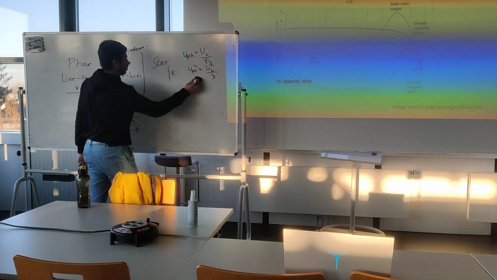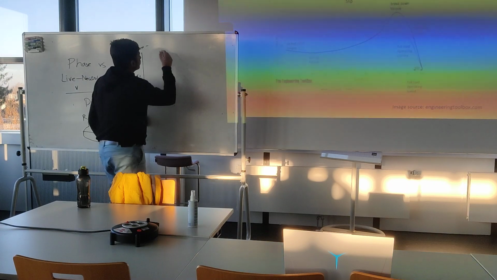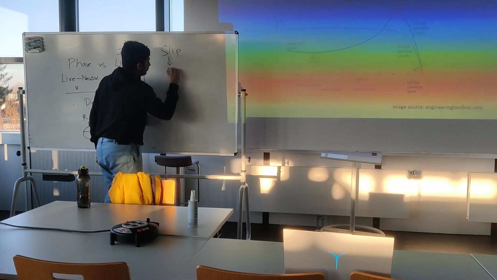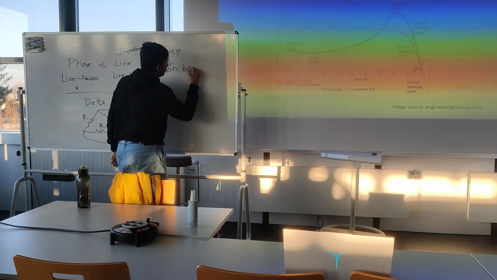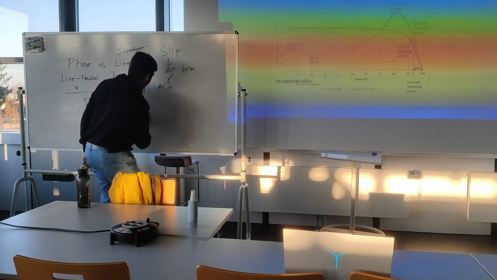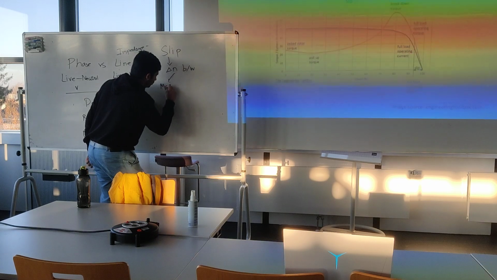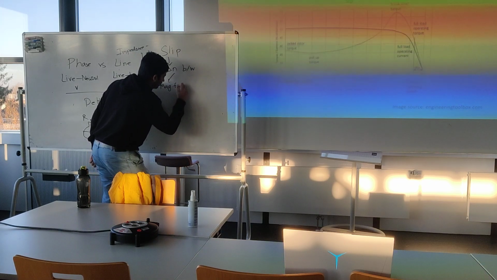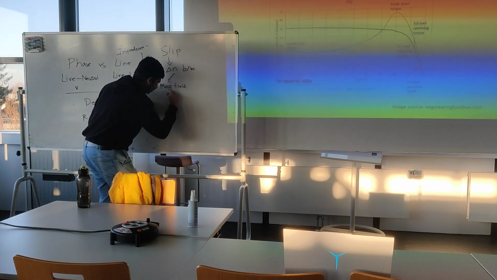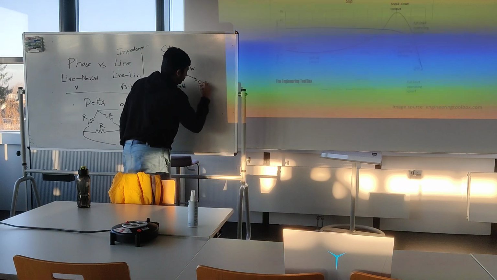So we have this concept called slip. Slip is basically the difference in RPM between the AC field, the magnetic field made by the AC current, which is rotating at a fixed frequency, let us say 50 Hz, which is what we get from AC mains, and the actual rotor.